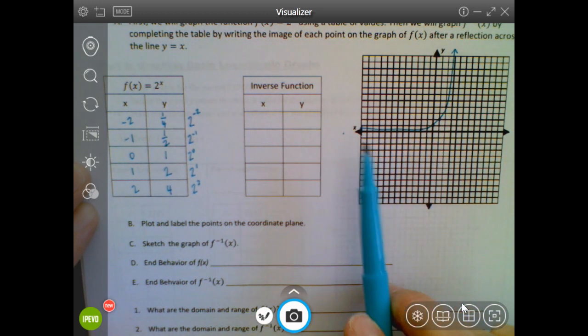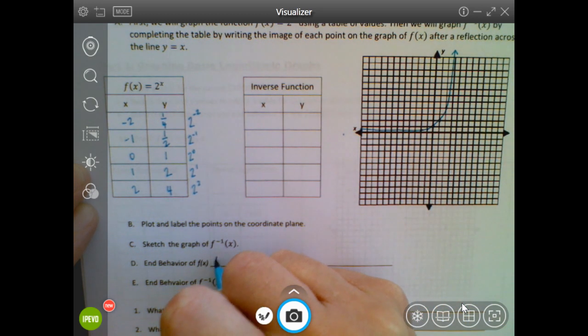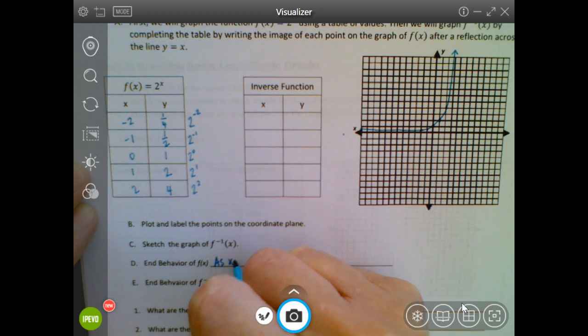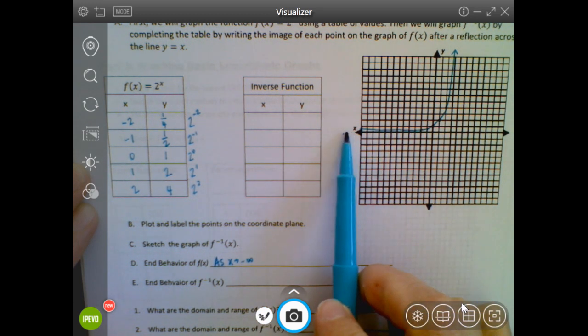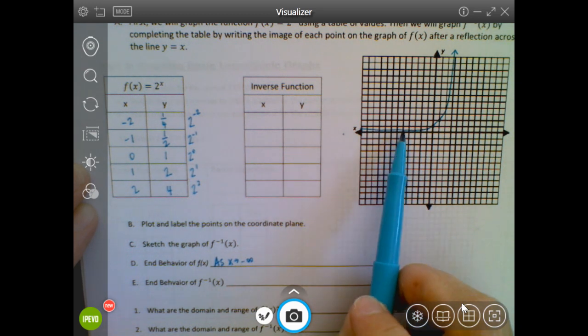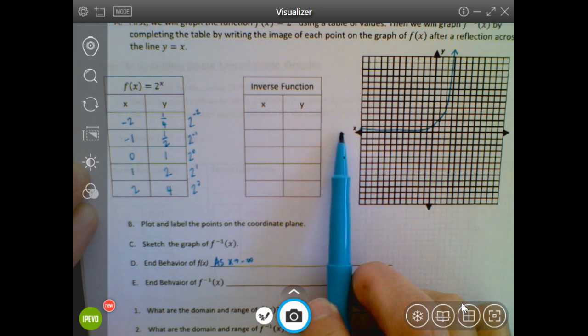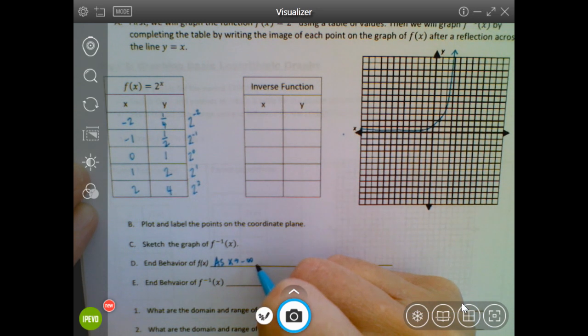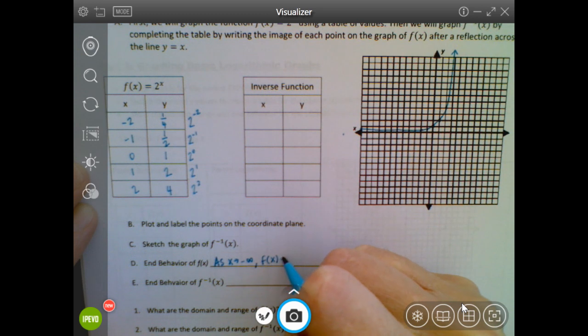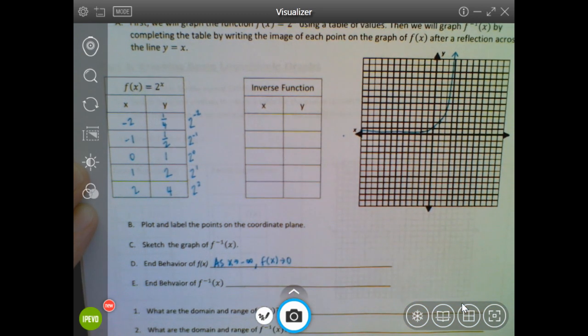Well, on the left side, I can write this as x approaches negative infinity. What is our graph coming really, really close to, or what is our graph doing? Well, our graph is approaching that horizontal asymptote of 0. So I'm going to say as x approaches negative infinity, our graph is approaching the asymptote of 0.